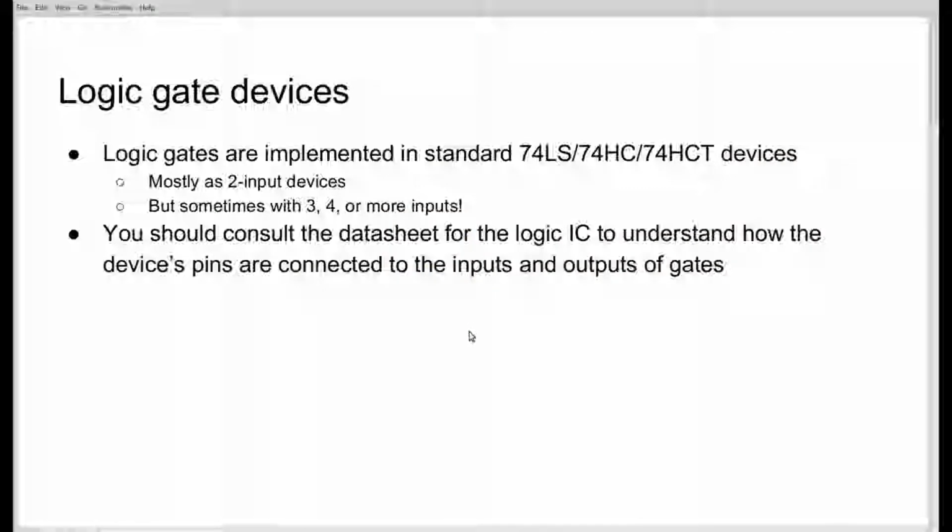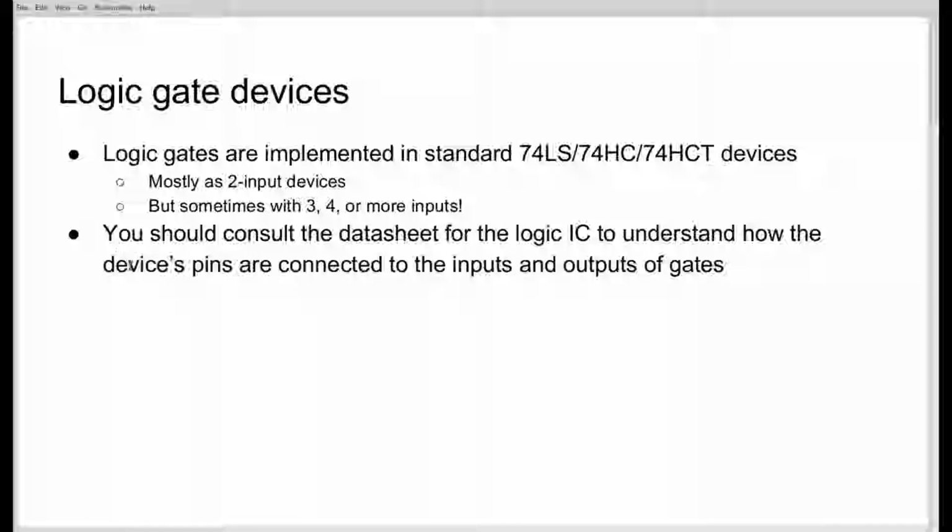So the way you actually incorporate logic gates into your circuit is by choosing a device in one of the standard digital logic series that has one or more logic gates in it. And typically, these logic gates will have two inputs per gate, like the ones that we've just seen, but there are variations that have logic gates that have 3, 4, or more inputs per gate, which can be quite useful.